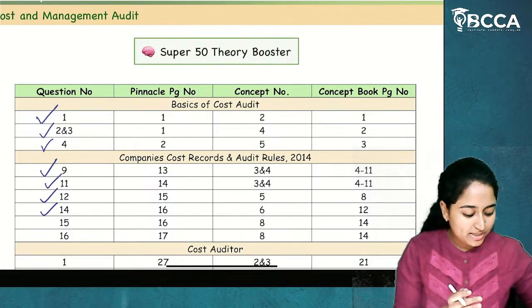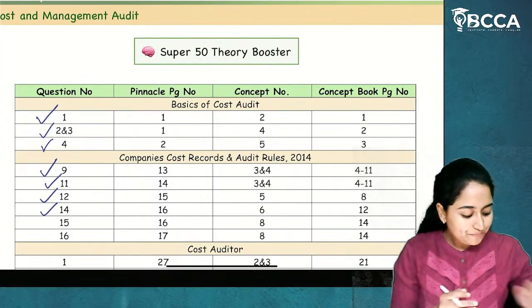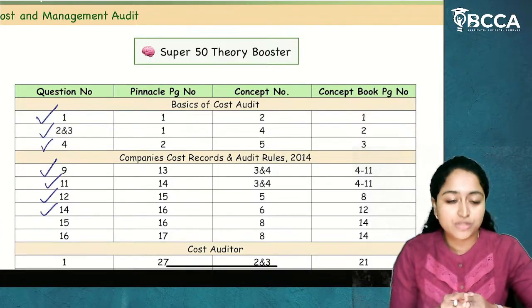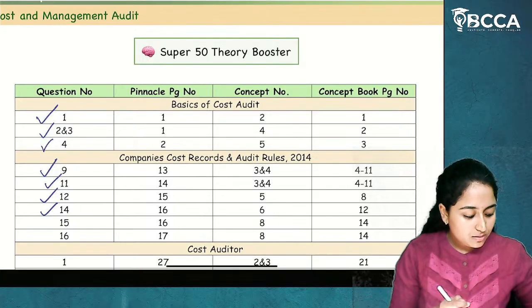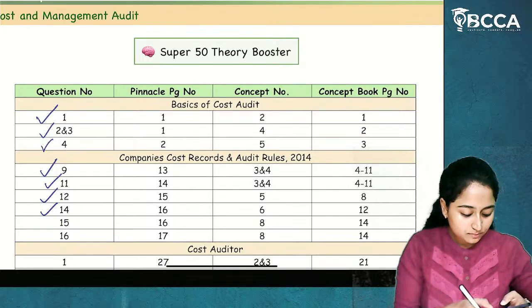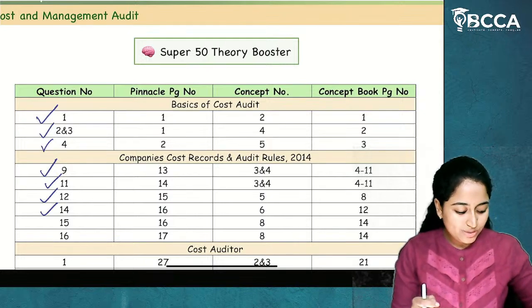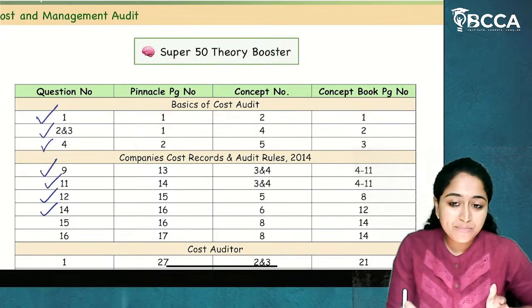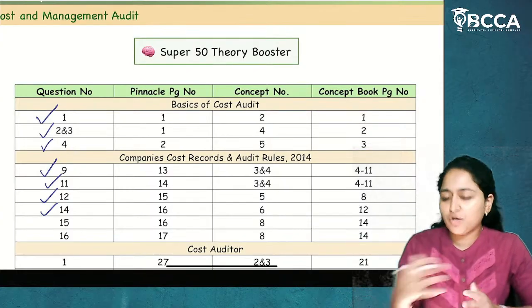So yes, today is our second session, which is class 2 for Super 50 boosted revision. In the previous class, we completed the basics of cost audit, in which we saw the concepts in the basics of cost audit, and also the three important or most repeated questions.